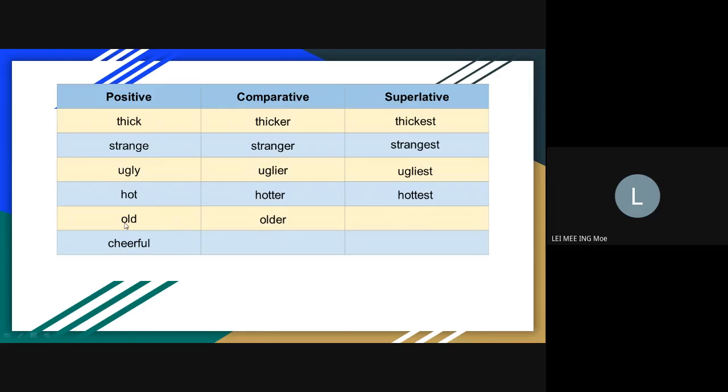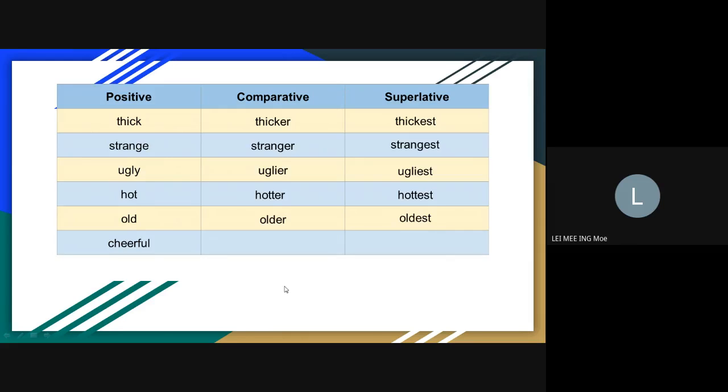We have old is a vowel, so VCC. So it doesn't fulfill the requirement for rule number 2. So we just plus ER. We follow rule number 1, older for comparative form. For superlative form, it will be oldest.